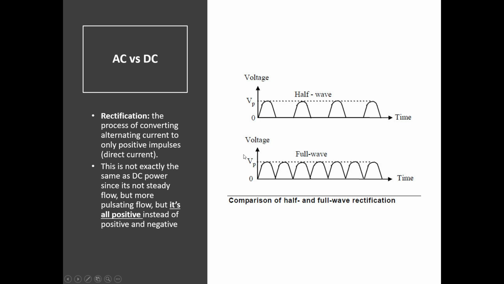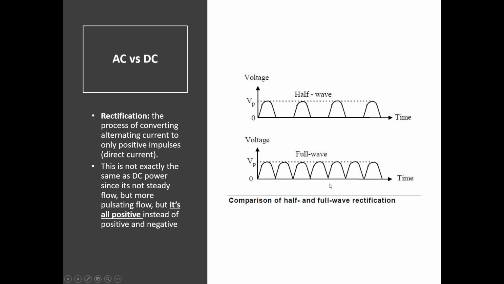I apologize. So what we do when we rectify is we convert alternating current to only positive impulses, which is what we call direct current. A normal alternating current graph is going to have another upside down cup right here showing the negative portion of the phase. And what we do when we rectify is we take that and flip it upside down, so we have only positive voltage impulses.